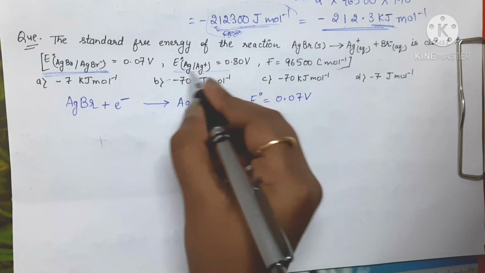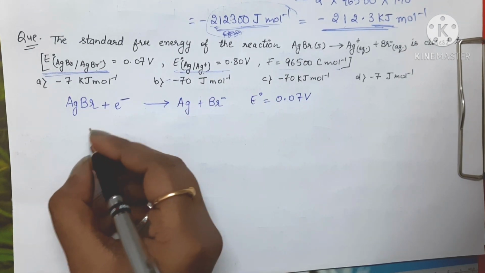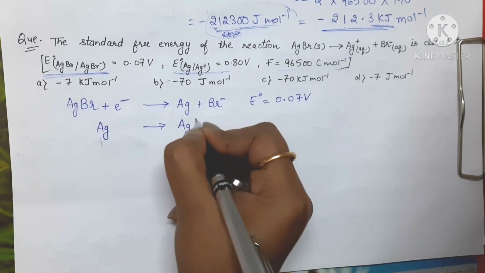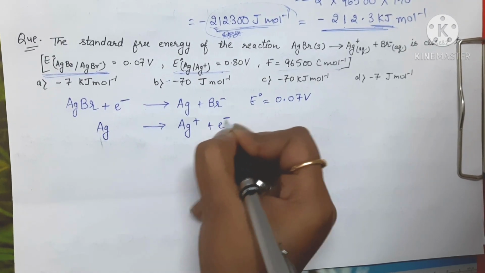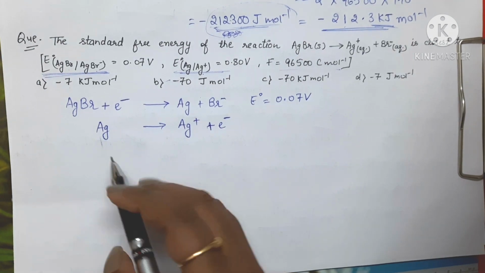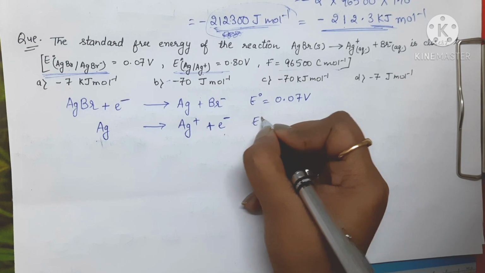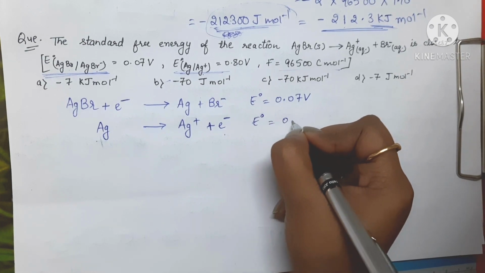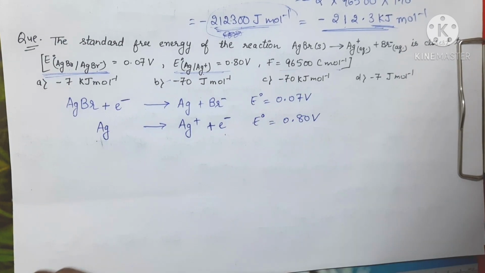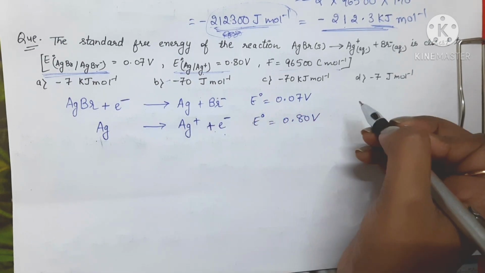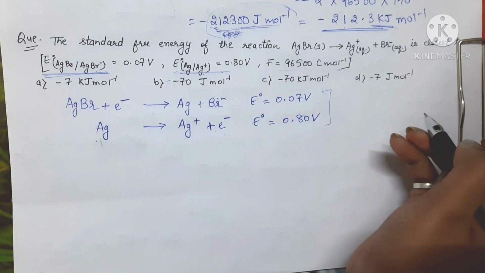Now for the second one, Ag giving Ag positive. Definitely one electron will appear here, right? Here Ag is losing one electron. So for this also we have been given the EMF as 0.80 volt. For these two reactions, we have been given the E naught values.